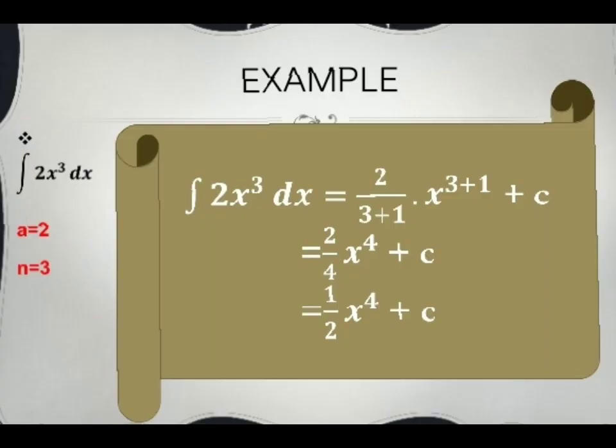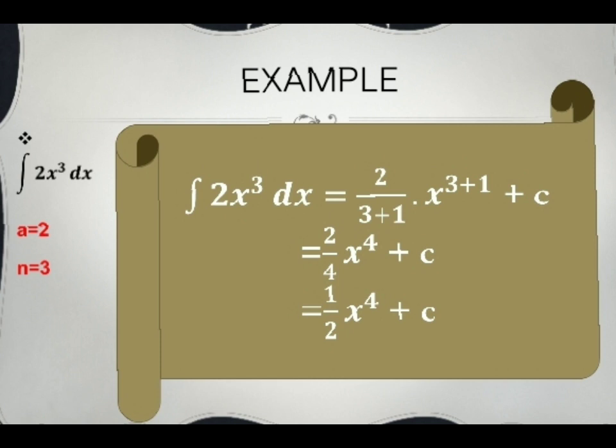For example, we have the equation integral of 2x cubed dx. Our given for a is 2, and the given for n is 3. In this equation, we need to copy the equation: the integral of 2x cubed dx equals 2 over 3 plus 1 times x to the power of 3 plus 1 plus c.